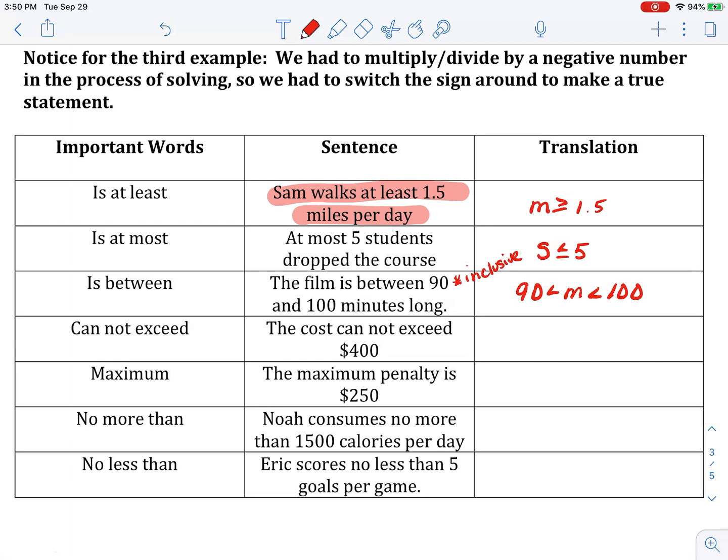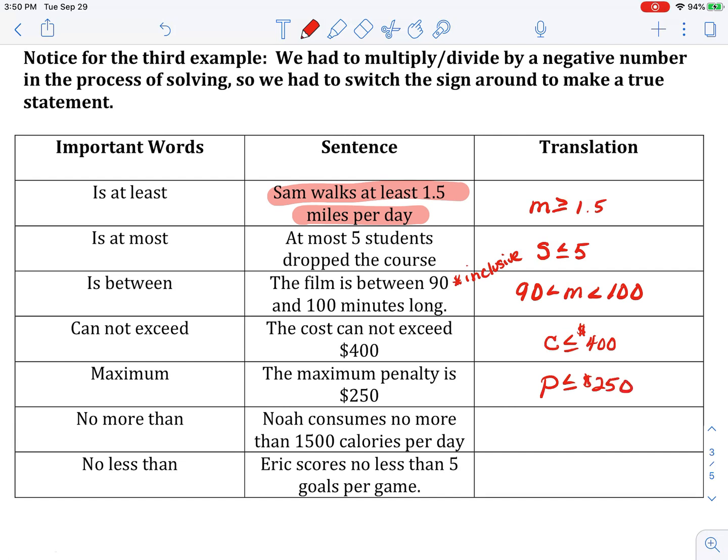Cannot exceed. The cost cannot exceed $400. So the cost has to be less than or equal to $400. The maximum penalty is $250. So the penalty has to be less than or equal to $250.